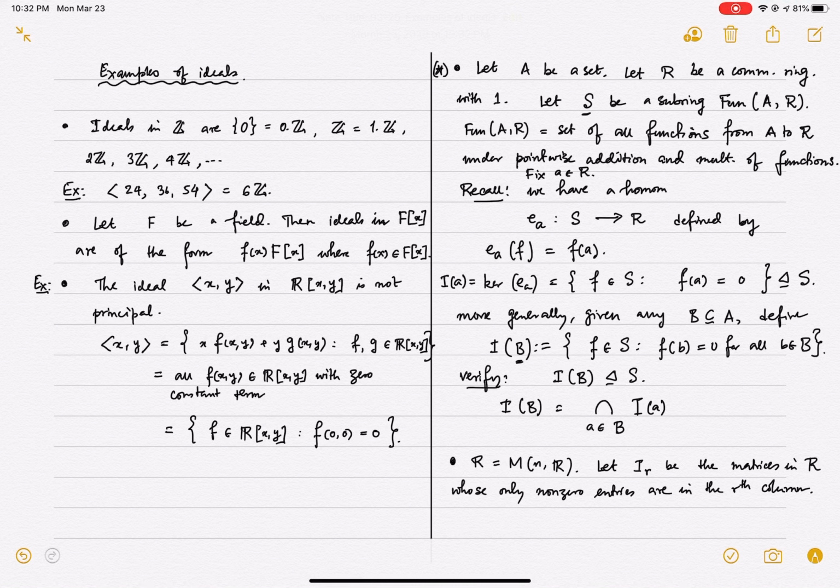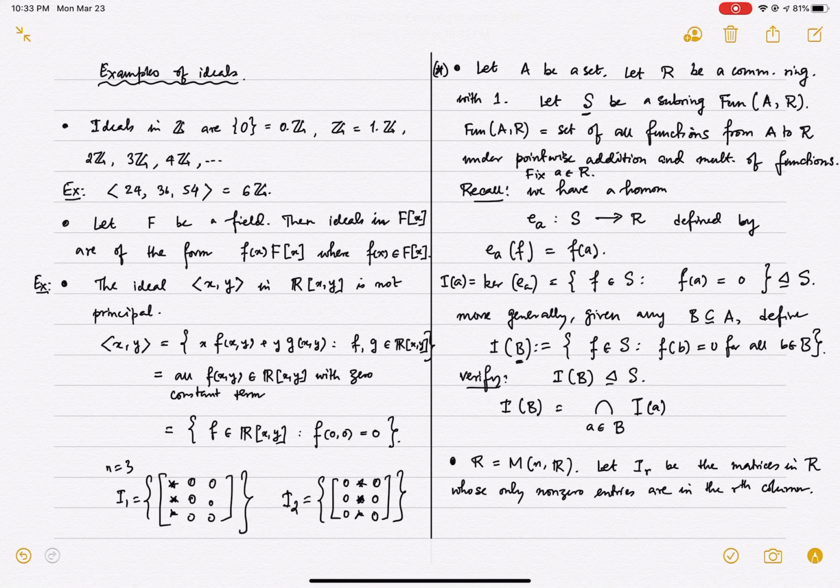So if n is 3, I1 looks like all matrices that look like this. All such matrices. I2 looks like all matrices that look like this. The first and the third column are 0. In the second column, you're allowed to have whatever you want.